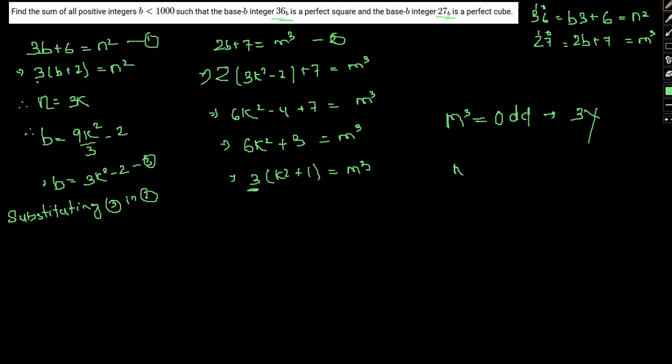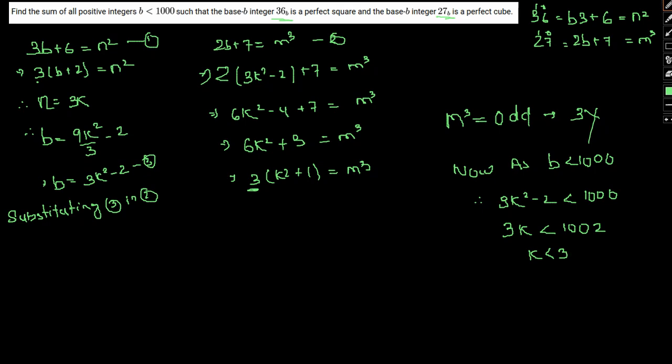Now as b is less than 1000, it's given, 3k squared minus 2 should also be less than 1000. That is, 3k squared should be less than 1002, so k squared should be less than 334.